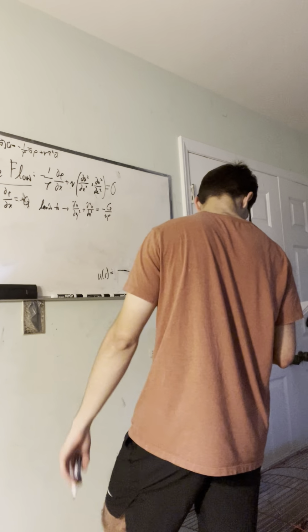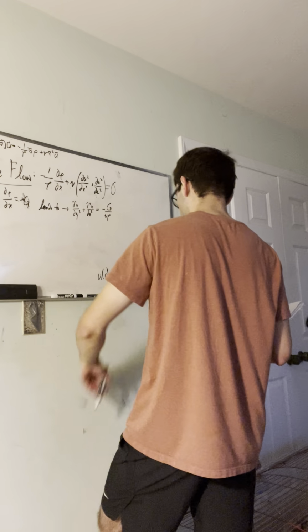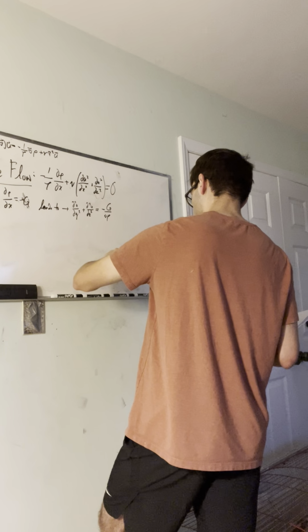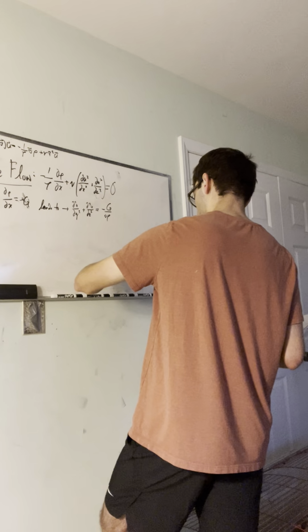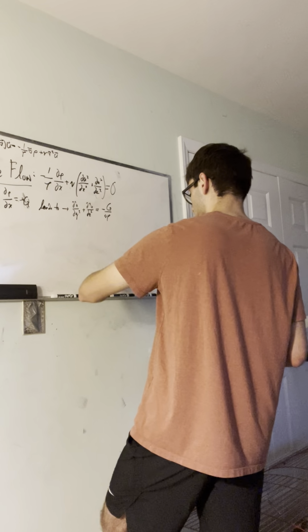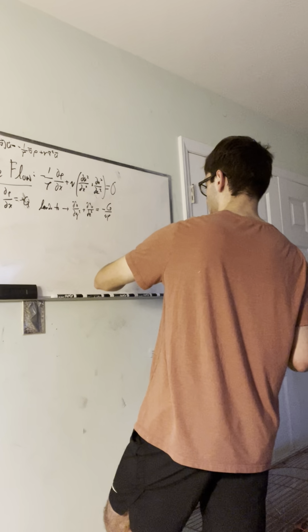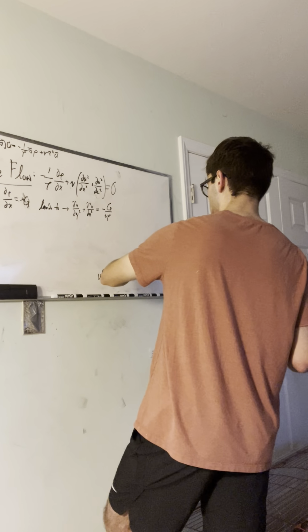Is it negative? I'm stupid. It's g r squared over 4 nu rho times 1 minus r over big R squared.